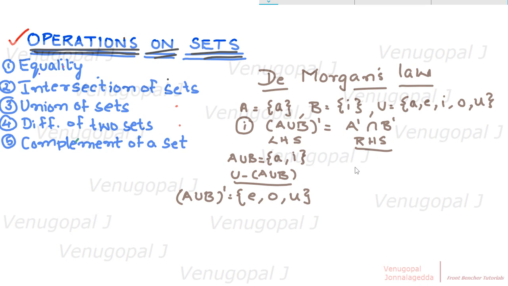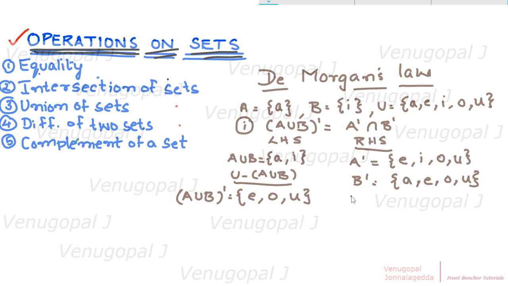So let's look at A complement. A complement is subtracting from the universal set. The complement set of A will not have the A element in it, so we have E, I, O and U. And B complement, just look at it, I will not be there, so we have A, E, O and U.